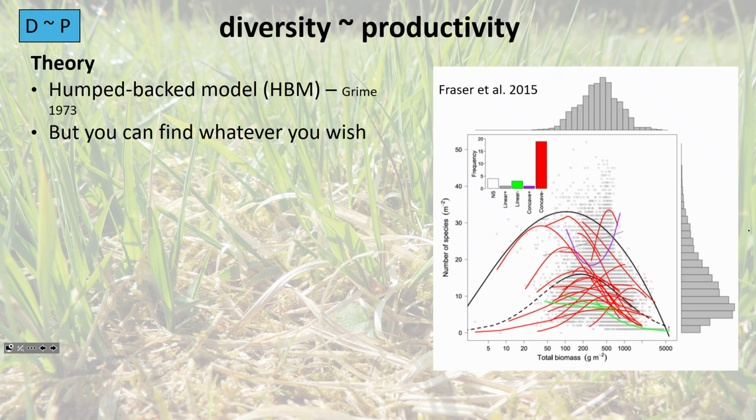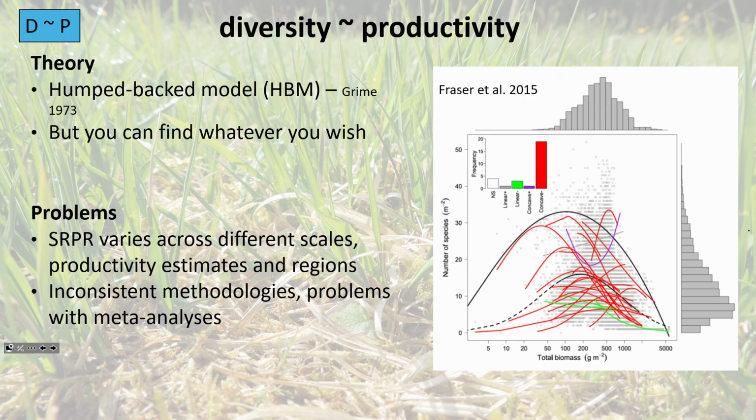However, from medium to high productivity levels, as the biomass grows, especially competition for light starts to play a bigger role, which subsequently leads to loss of species, because species that can't withstand this hard competitive pressure will disappear.